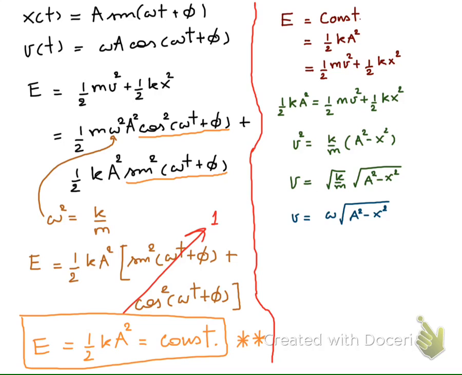You can see that if x is equal to a, we have that v is equal to 0, which means that at the maximum displacement, the velocity must be 0, as it should be.